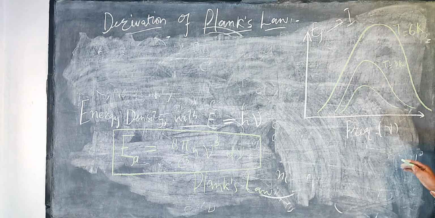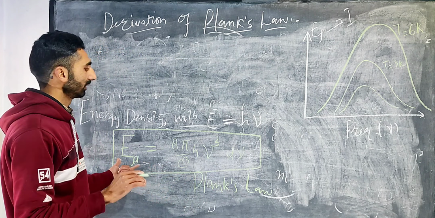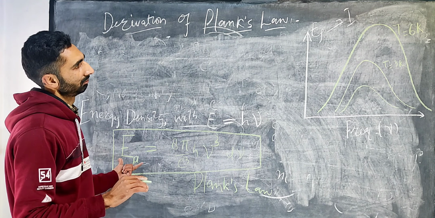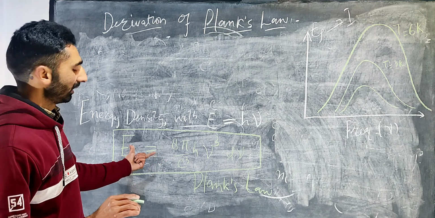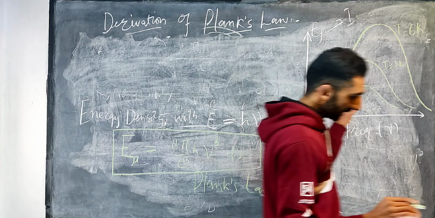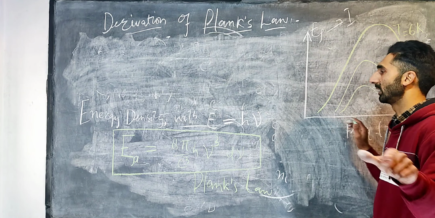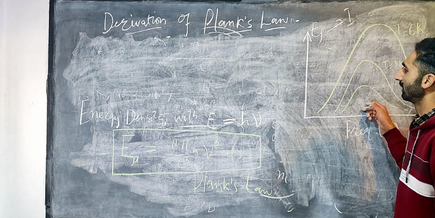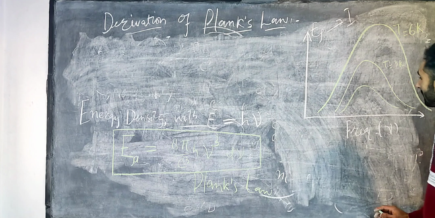Okay, this will be the graphical representation which we draw using this equation. And this was the experimental data, as I told you in the previous lecture also, which was derived for the black body.